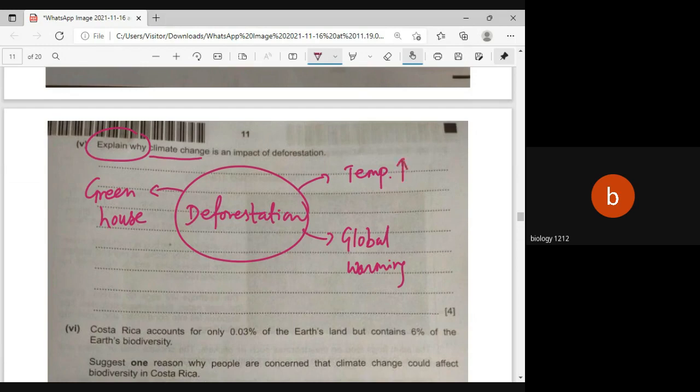Moreover, deforestation with climate causes low rainfall, or no rainfall, which can cause famine, the condition without food, or drought condition, right? So related to the climate: greenhouse effect, low rainfall, temperature increase, global warming. Stick to these keywords and try to write your answer.